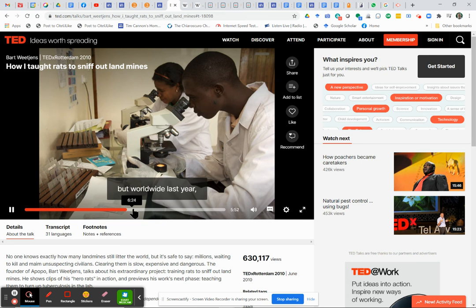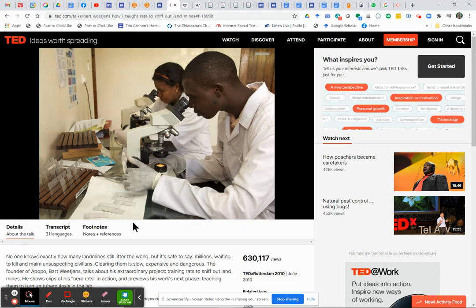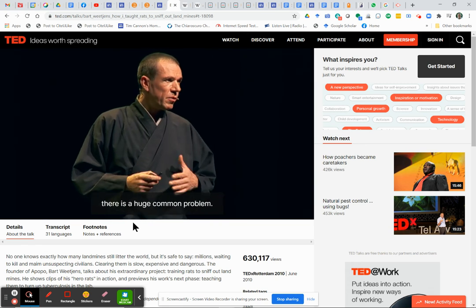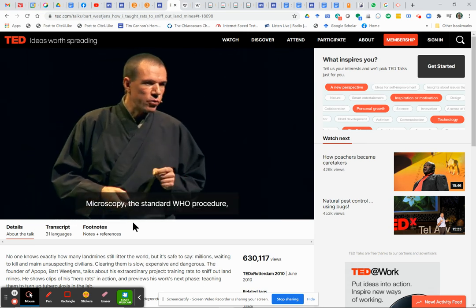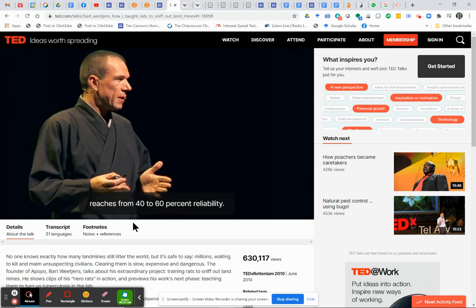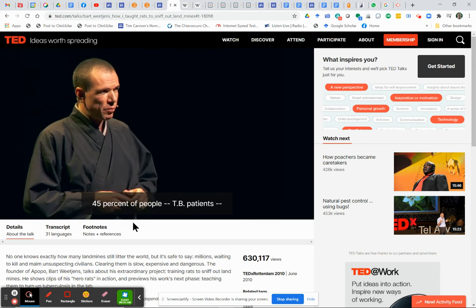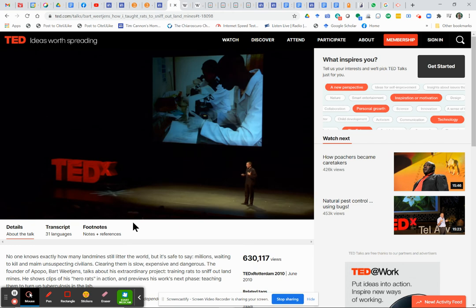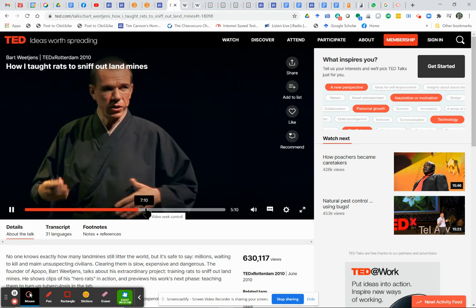But worldwide, last year almost 1.9 million died from tuberculosis as a first cause of infection. Especially in Africa, where TB and HIV are strongly linked, there is a huge coming problem. Microscopy, the standard WHO procedure, reaches some 40 to 60% reliability. In Tanzania, the numbers don't lie, 45% of TB patients get diagnosed with TB before they die. That means that if you have TB, you have more chance that you won't be detected, but will just die from TB, secondary infections, and so on.